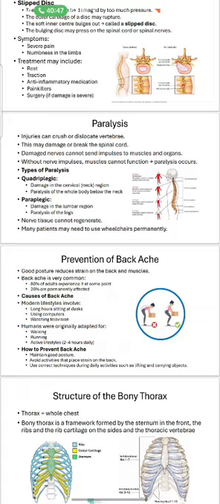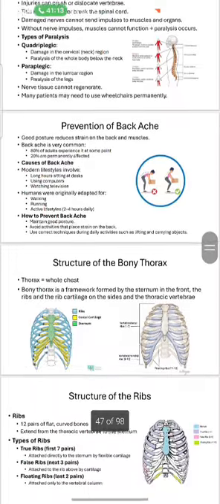There are two types of paralysis: quadriplegic, which is damage in the cervical neck region, causing paralysis of the whole body below the neck, and paraplegic, which is damage in the lumbar region, or paralysis of the legs. Nerve tissues cannot regenerate. Many patients may need to use wheelchairs permanently.